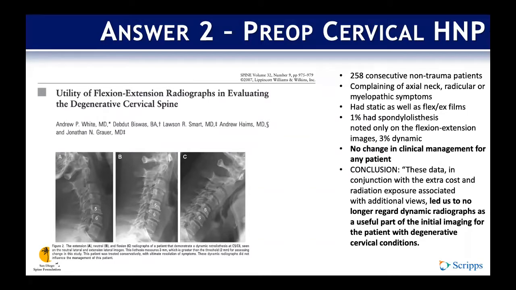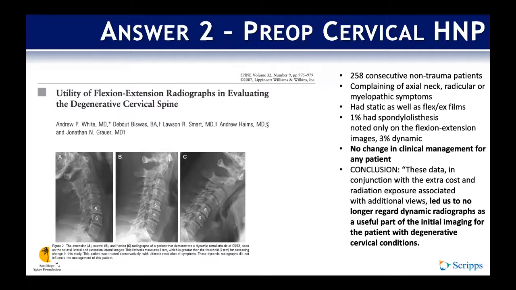This is a study out of Spine from 2007 of atraumatic patients complaining of either axial neck, radicular, or myelopathic symptoms, and they looked at whether or not the addition of flexion extension films had any impact on the management of these patients.